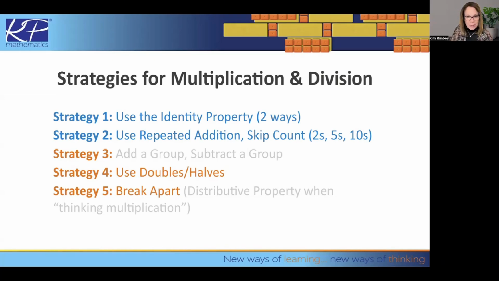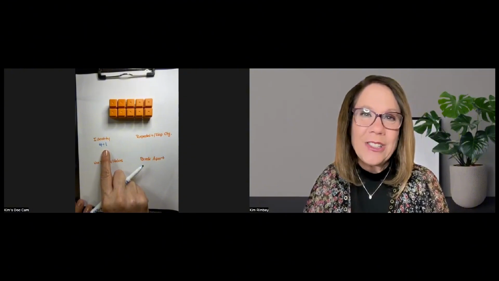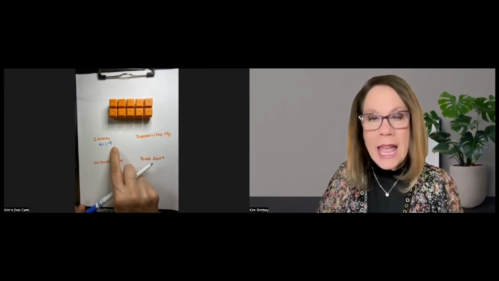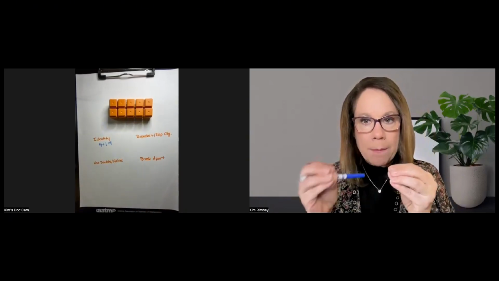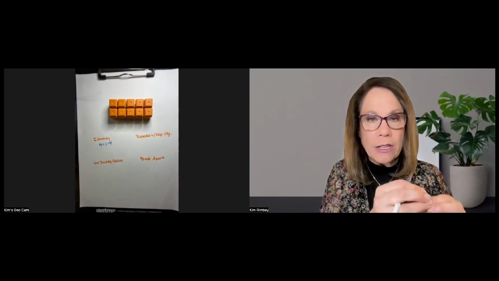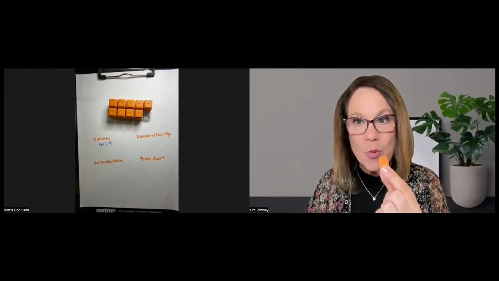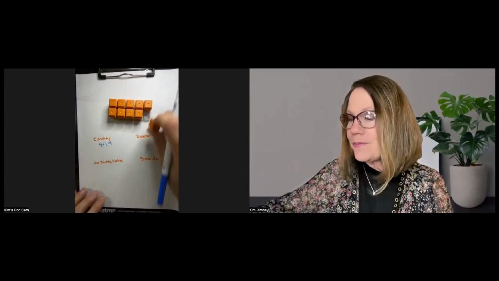Oh, let me share my screen here. I have 4 divided by 1. And so I know because of that identity idea that we're going to have a total of 4. If I have a set of 4 and I put them into one group, I still have 4, right?